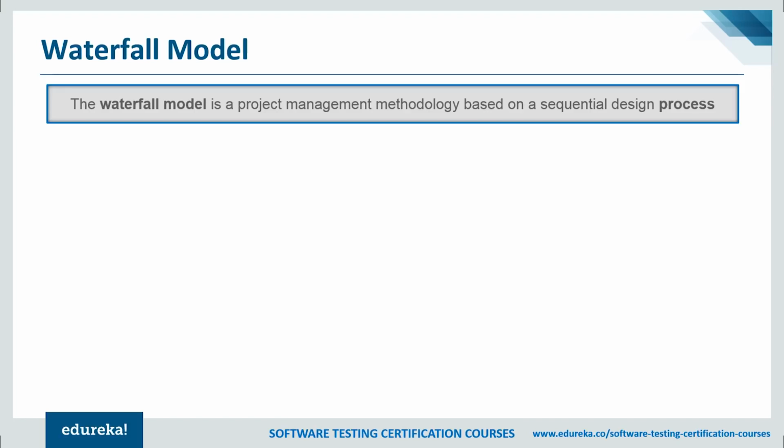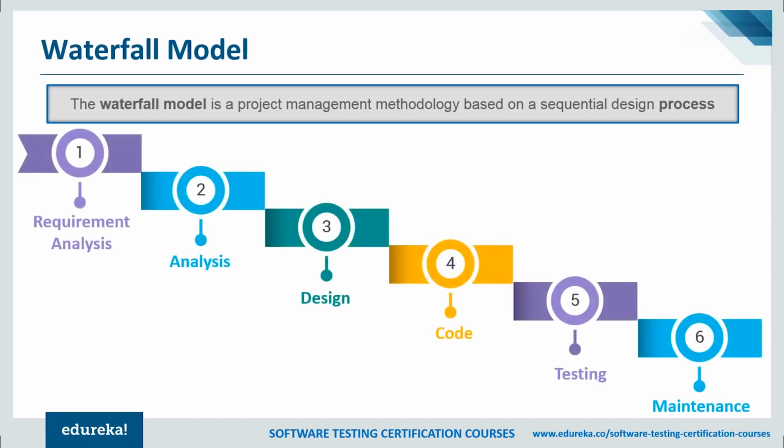Waterfall model is a traditional model. It is a sequential design process that is often used in SDLC, in which the progress is seen as flowing downwards like a waterfall through the different phases such as requirement gathering, feasibility study, analysis, design, coding, testing, installation, and maintenance. Every next phase is begun only once the goal of the previous phase is completed.